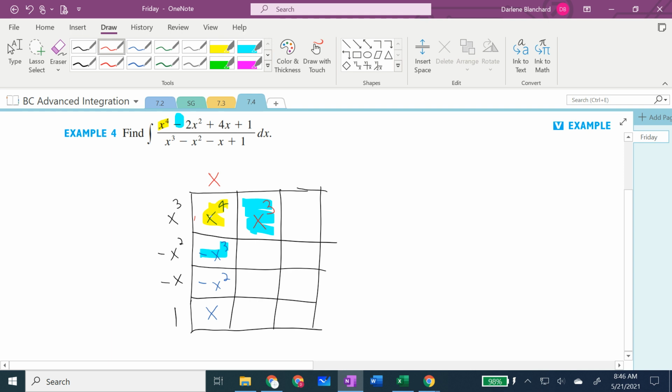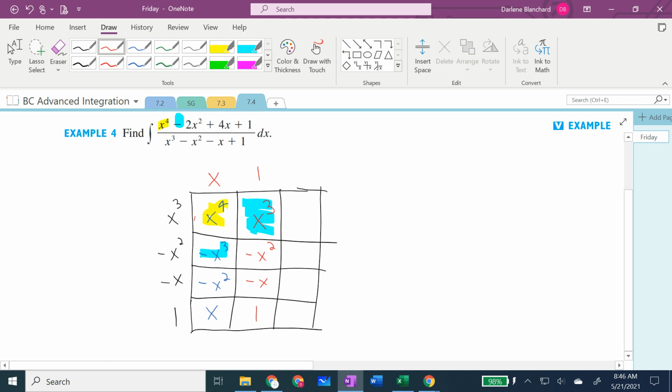Once that is determined, then I'm ready to figure out the next part of my quotient. What do I multiply x cubed by to get x cubed? And that would be 1. Then I'm going to go down the line and multiply all that by 1.